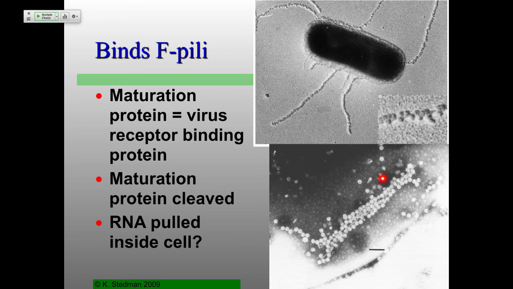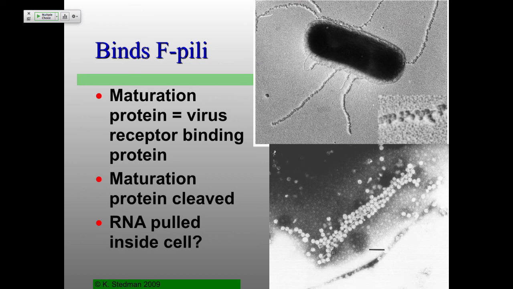So that's the whole entry process. It's actually quite well known that these pili will extend and contract. Contraction of the pilus with these virions attached to it will get that RNA to the inside of the cell.